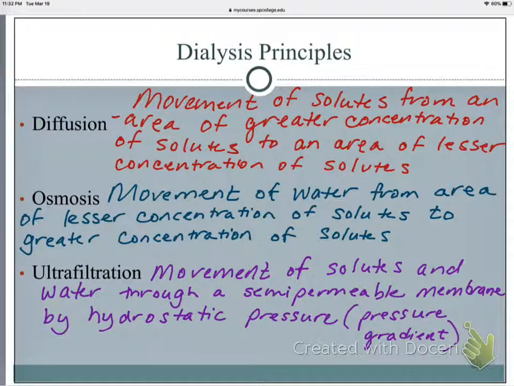Okay? Red blood cells, white blood cells, and plasma proteins are too big to diffuse, so they won't go through the membrane. What is plasma? Plasma is the liquid between your blood cells. Red blood cells and white blood cells are too big to pass through.